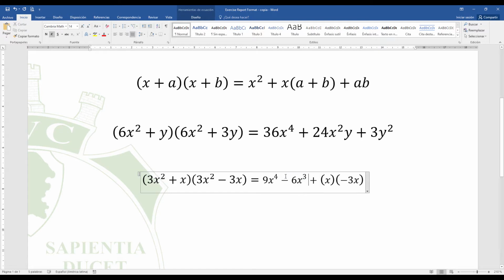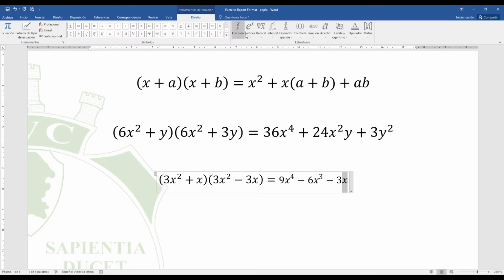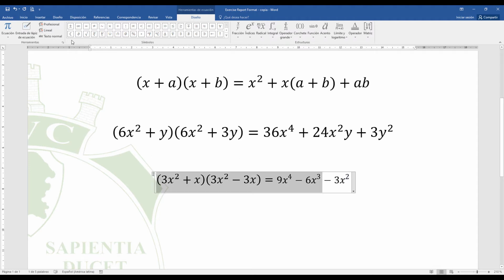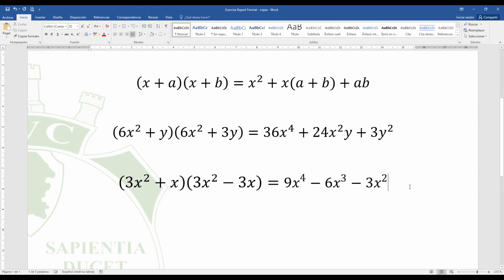Now you need to multiply here. This is minus 3x squared. Okay, these are the results.